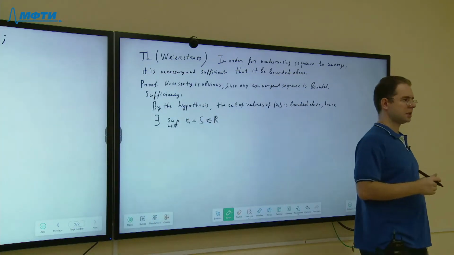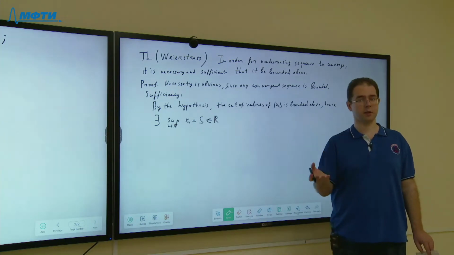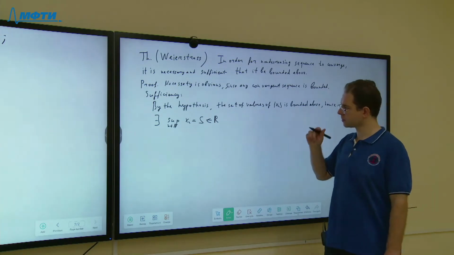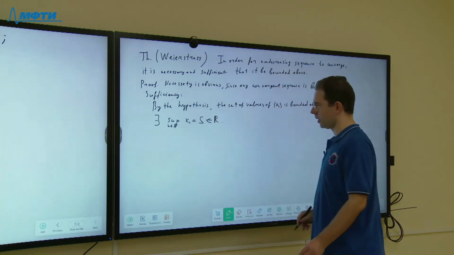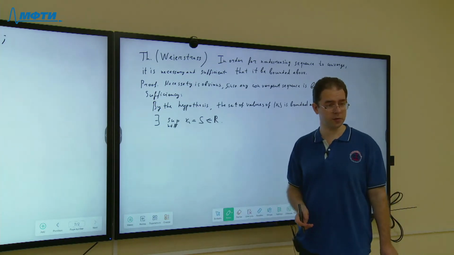So, since our set is bounded above, it has a unique supremum, as we remember, that is a finite number. Okay, this number S. Let's write down the definition of supremum.